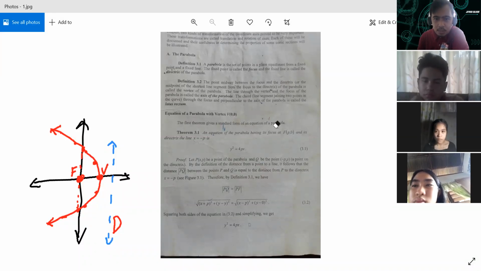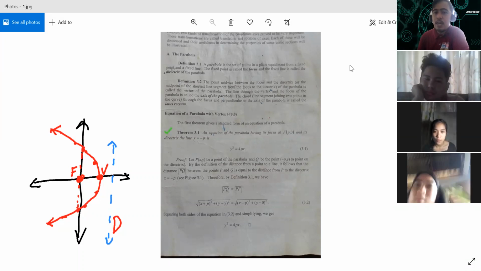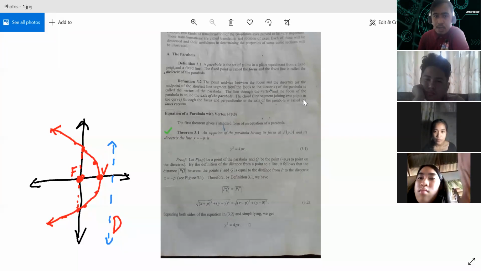Okay? So we have here a theorem. Here below, we have theorem 3.1. It states that an equation of a parabola having its focus at P, 0 and its directrix at the line x equal to negative P is given by this.